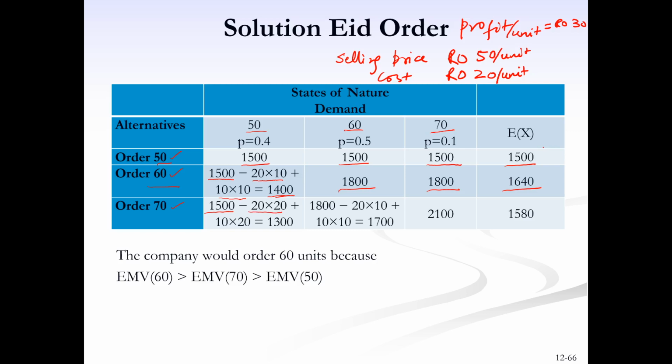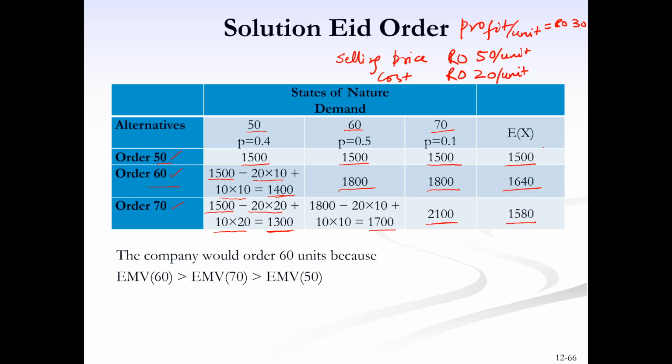But these 20 units can be sold at the discount store at 10 Riyal per unit. So this is 20 multiplied by 10, and eventually we get 1300 payoff. And similarly here we get 1700 payoff, and if we order 70 units and are able to sell 70 units, then we will make 2100 Riyal, and this is the expected value.